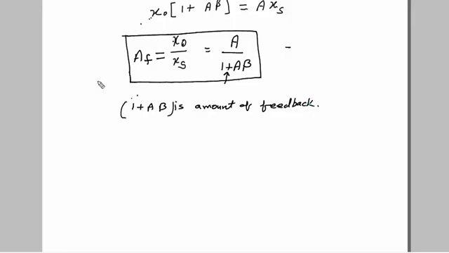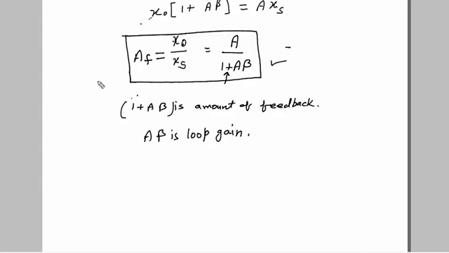If something increases, it will be multiplied by 1 plus A beta. If it decreases, it will be divided by 1 plus A beta. So 1 plus A beta is the amount of feedback. A beta is known as the loop gain.